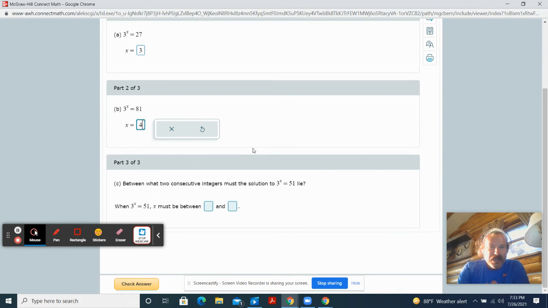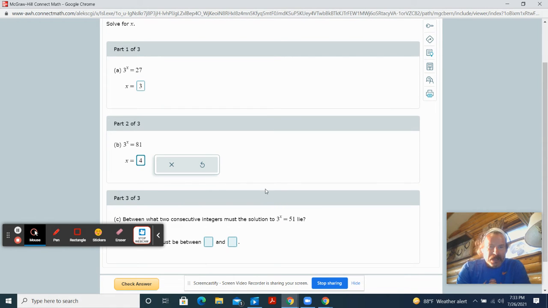But here's the new question here, which is going to lead us to a topic of logarithms. It says, between what two consecutive integers must the solution 3 to the x equals 51 be? Now, we know 3 to the third power is 27. Let me annotate through this.